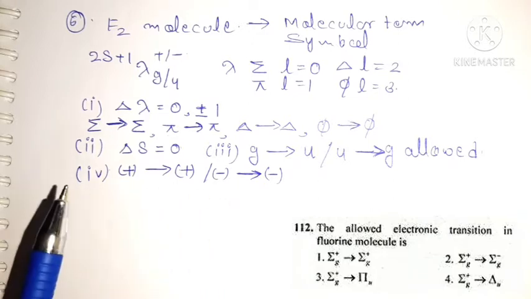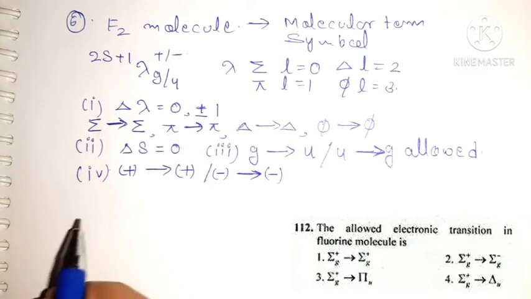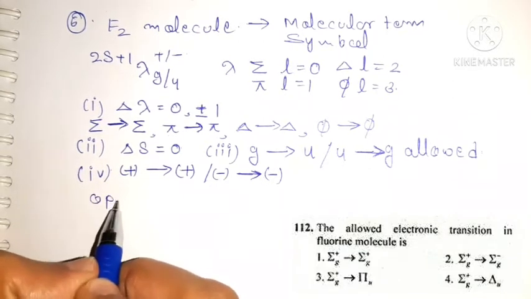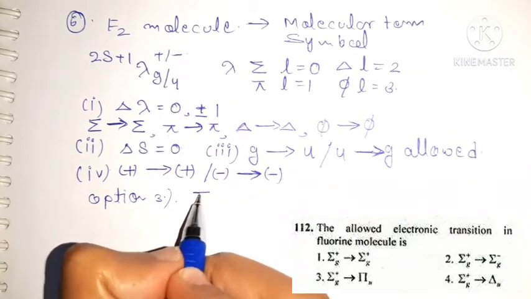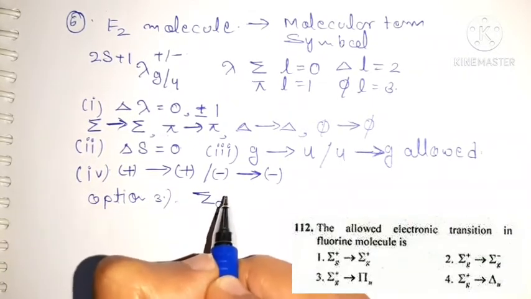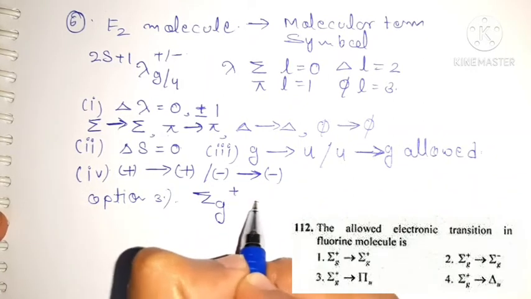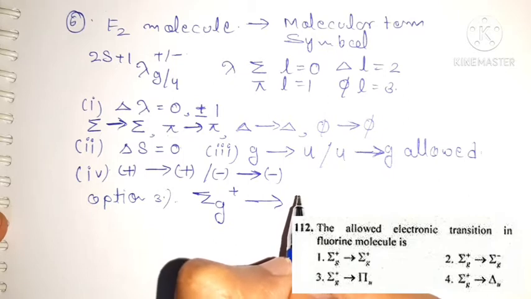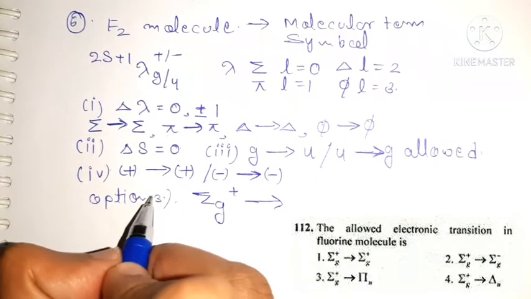Now on the basis of these selection rules, we must conclude that only option number 3 can follow all these conditions. That is sigma g plus 2 sorry, not option number 3 but option number 4.